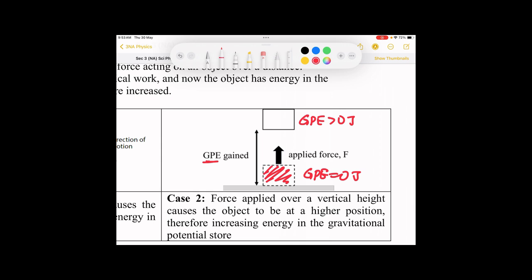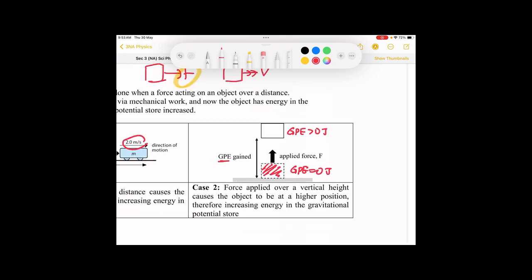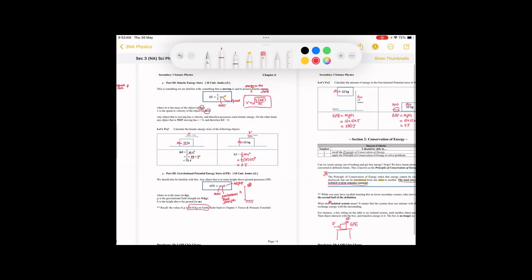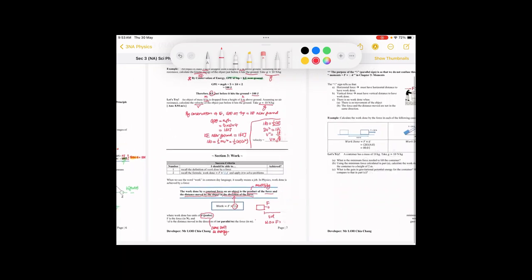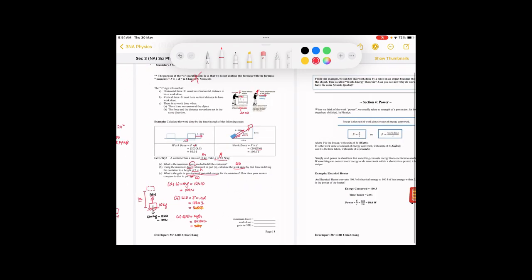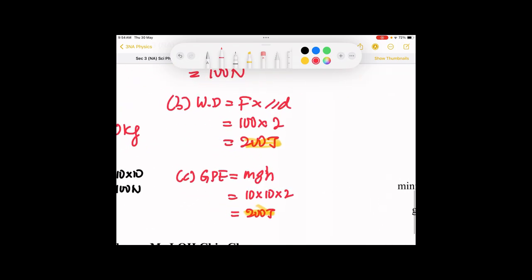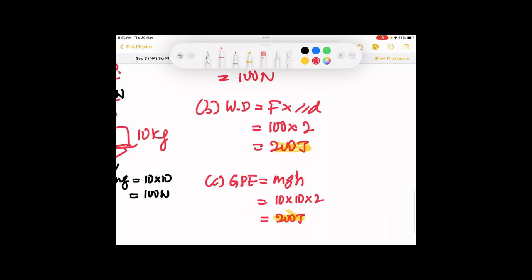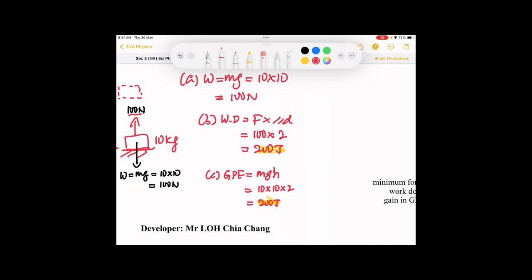When I apply a force to move the object above ground, it gains a certain amount of energy in the gravitational potential store. We see how it plays out right now in this case. Here, the work done by the force is 200 joules, and not coincidentally, the amount of GPE gained is 200 joules. So what does this tell us?